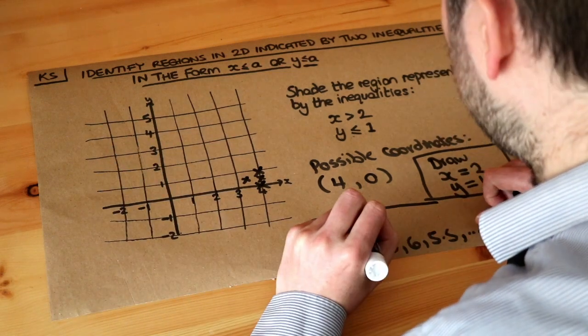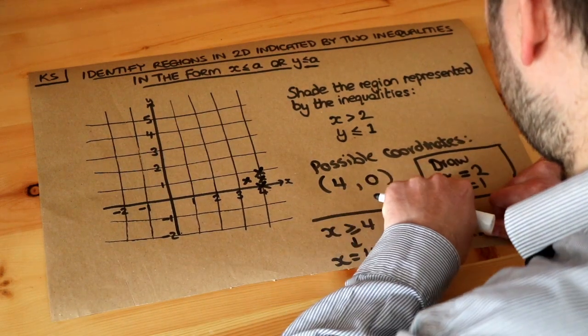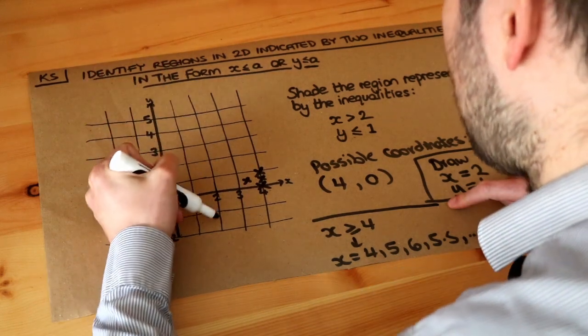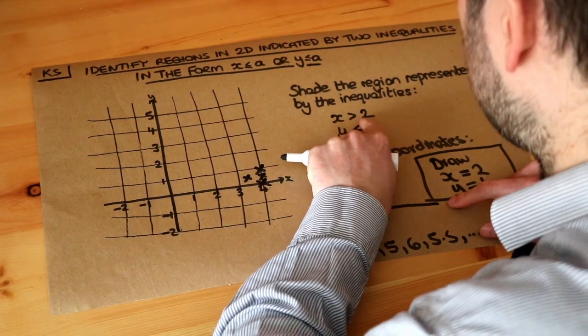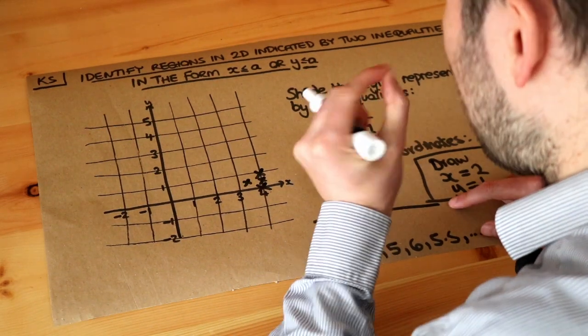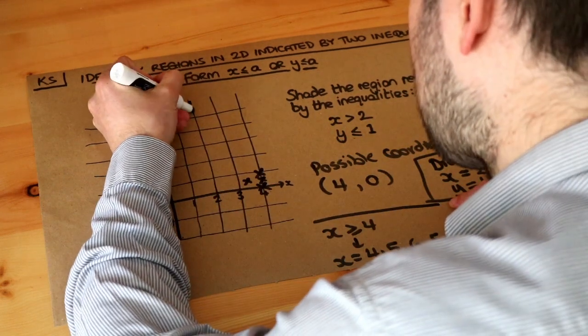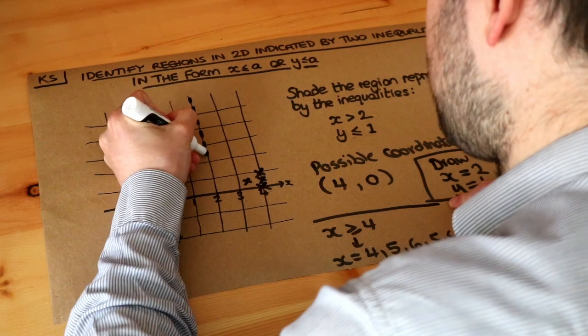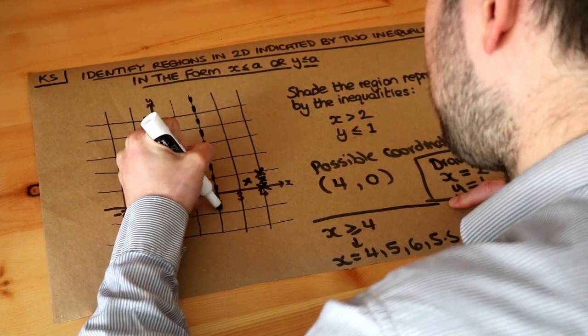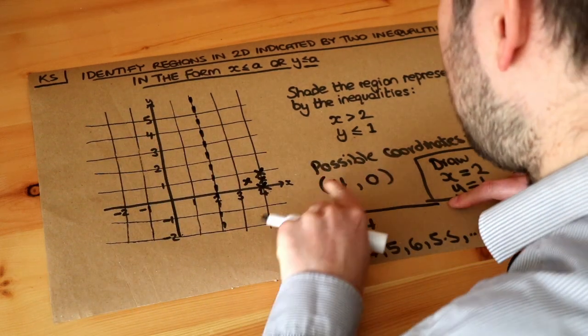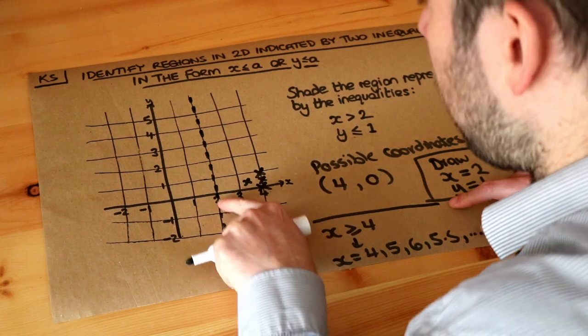Now there's a little extra detail here. If you want to draw the line x equals 2, yes, it looks like that, but it's saying that x is greater than 2. That means x can't actually be equal to 2. And if that happens, you actually have to draw a dotted line. What that's saying is x can be any value greater than 2, but it can't be 2 itself.